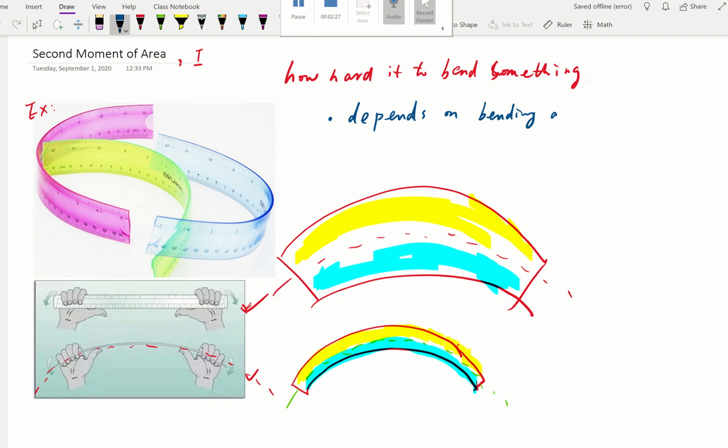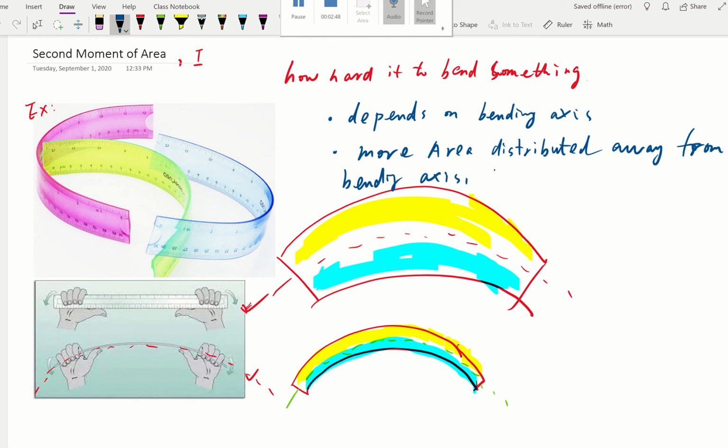From this example, you also notice that the more area distributed away from the bending axis, the harder it is to bend. In other words, this area moment of inertia increases when there is more area distributed away from the bending axis.